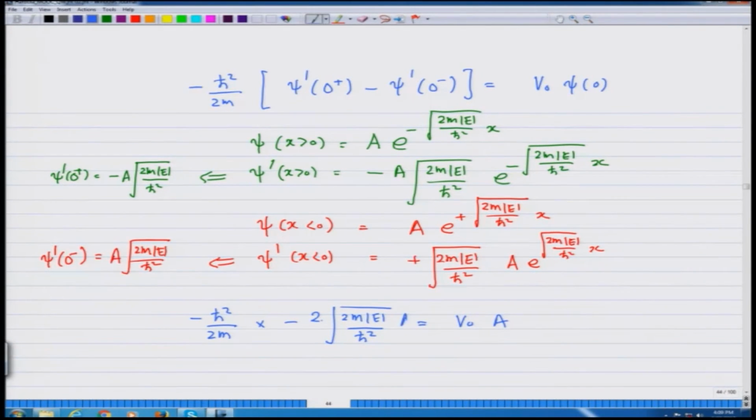There is an a also floating around here, and we cancel this a, and I get 2m mod E over h cross square is equal to m V 0 over h cross square. This 2 also cancels. So, this is equal to m square V 0 square over h cross raised to 4.